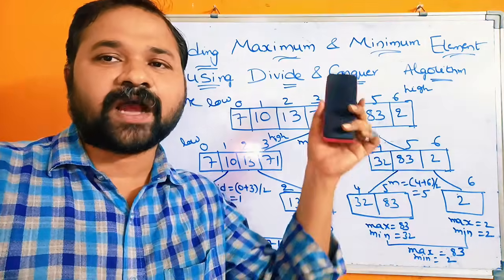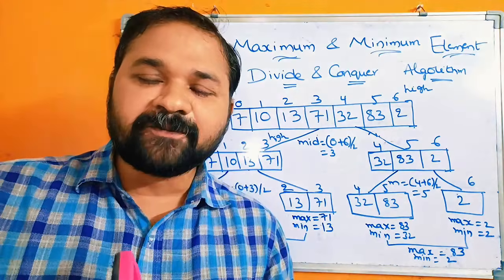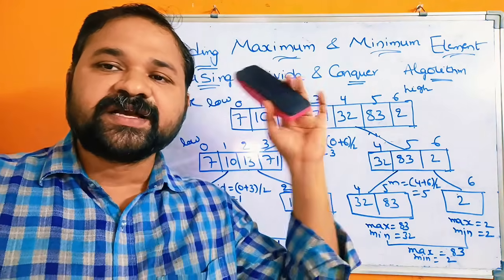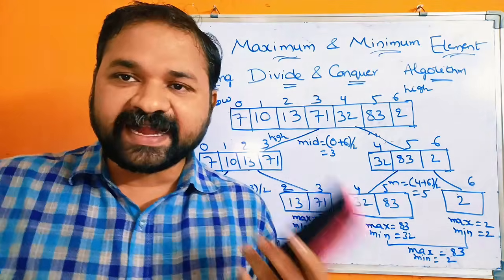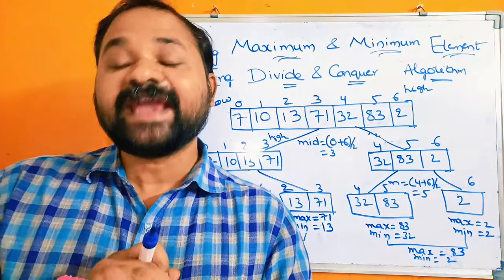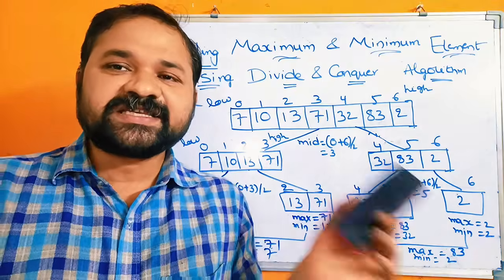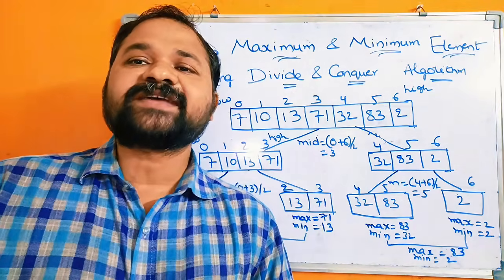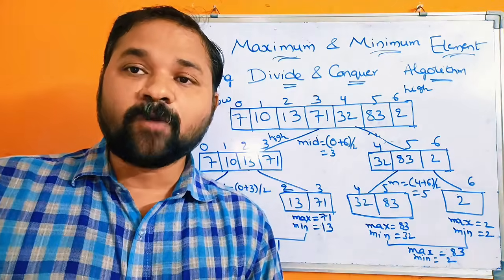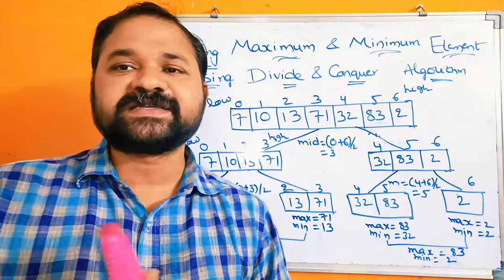Let us see how we can find the maximum and minimum element using divide and conquer algorithm. Let us say we have an array which contains n elements. Let us see first an example, and then we will see the algorithm as well as how to find the time complexity for finding the maximum and minimum element.